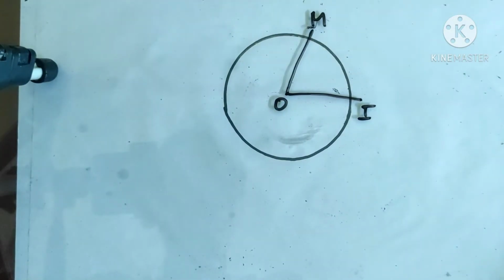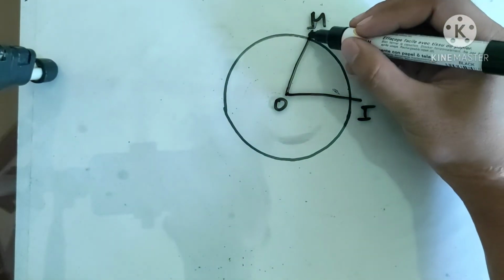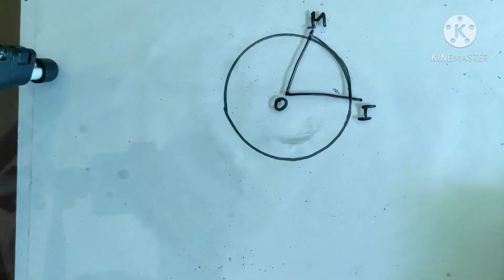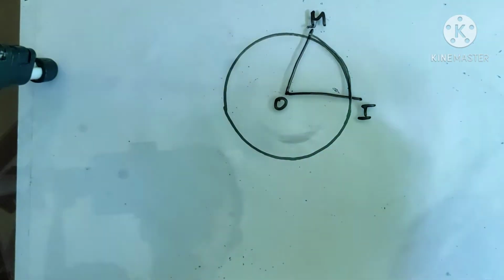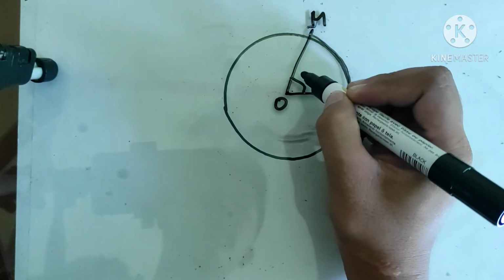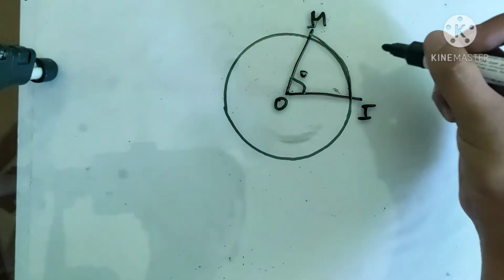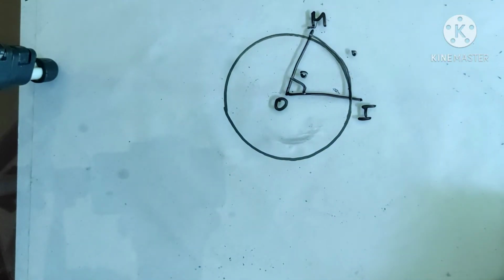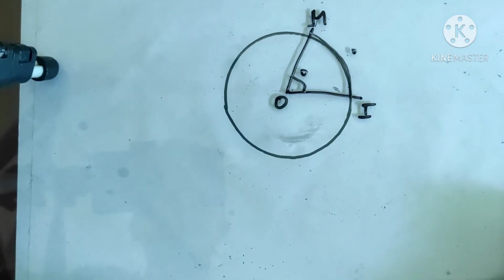Now, para makuha ang ating degree measure of your minor arc, which is MI, okay? So, ang kailangan na natin hanapin is yung measurement ni central angle. So, kung anong measurement ni central angle dito, ito din yung measurement ng ating or degree measure ng ating arc MI or ating minor arc.